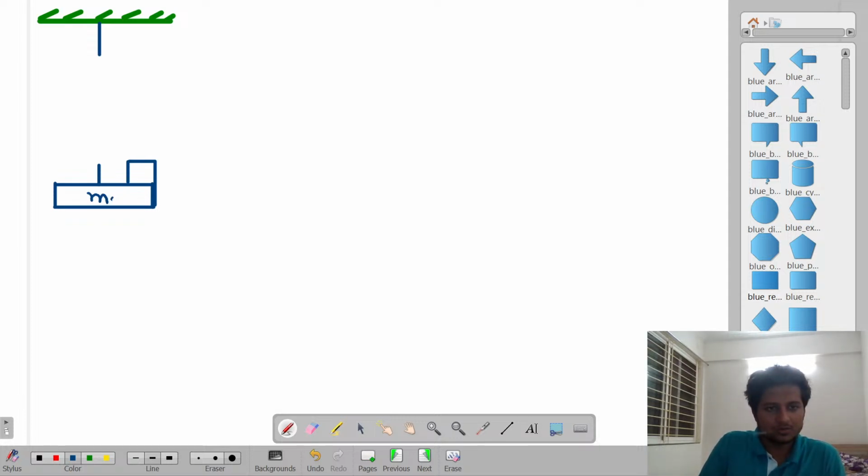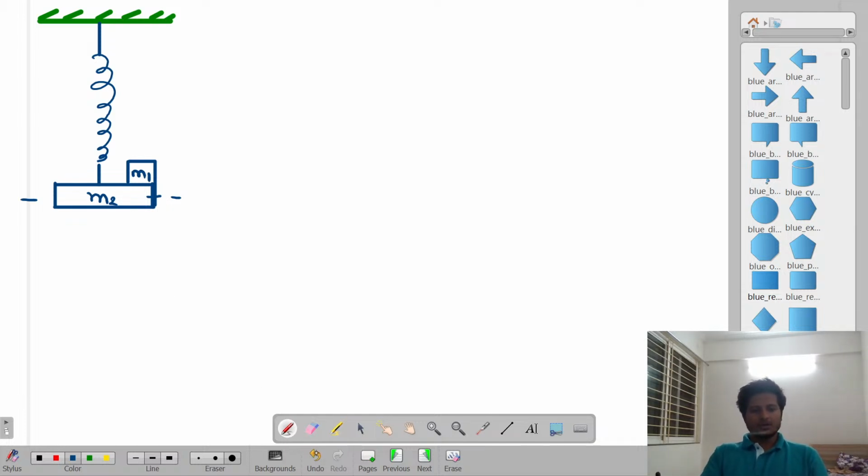Down one is M2, upward one is M1. And this is its natural length condition. If I just release it, the body will do its expansion, isn't it? And the body will go somewhere.